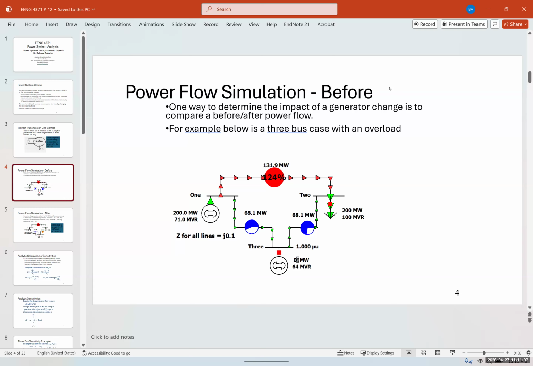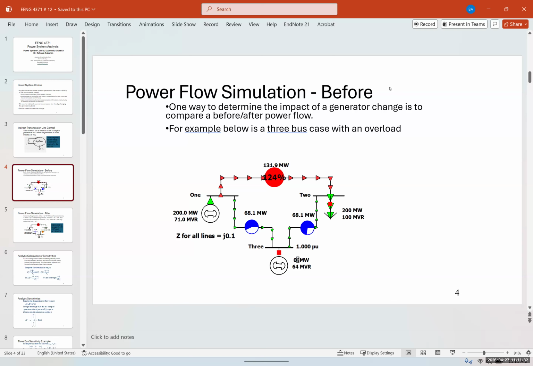And for a moment, look at the flows on the lines. What do you immediately see? So imagine that you're an operator of this system. First of all, which buses have generators connected to them?